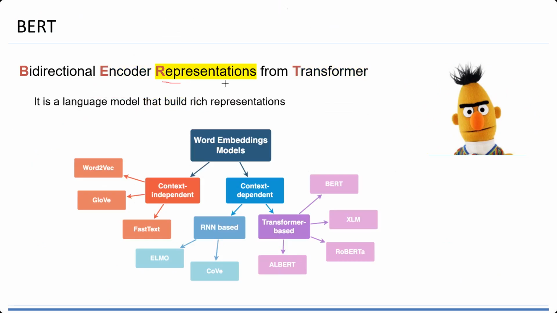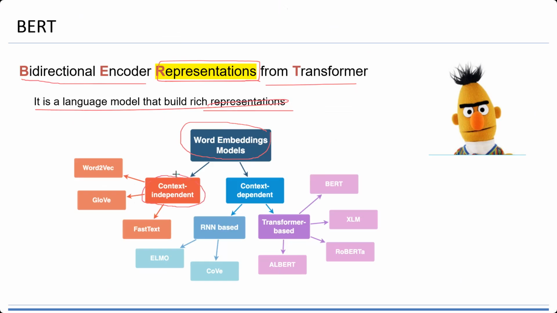And the word representations. BERT is bidirectional encoder representations from transformer. It is a language model that builds rich representations. What does it mean by rich representation? BERT is a type of word embedding model, and we can classify it like this. If the context is independent, so if we do not consider any context, then you can use the common embeddings, such as word2vec, GloVe, fastText.